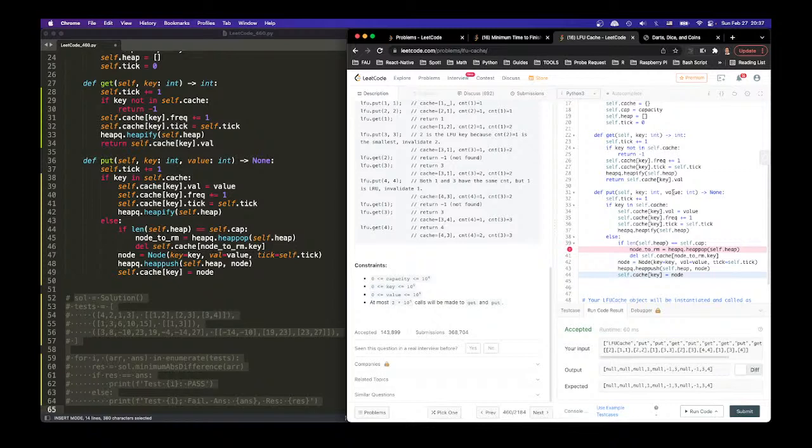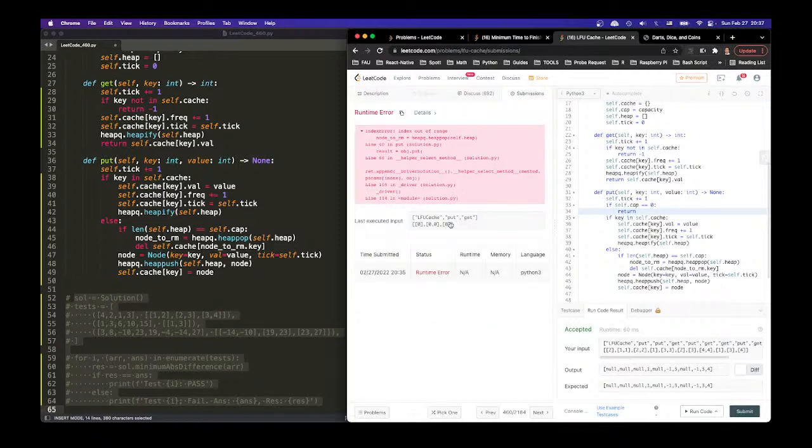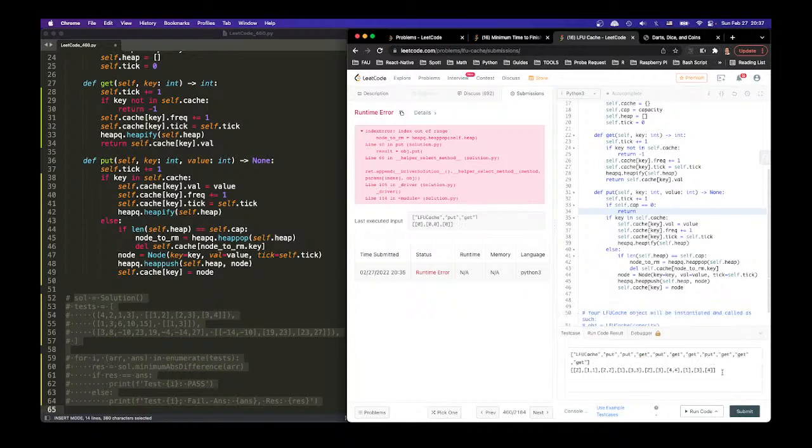Okay, we'll just say if self.cap is equal to 0, then we just return. There's no way I can handle this. It's a good test case. I didn't realize. Didn't read the problem carefully.